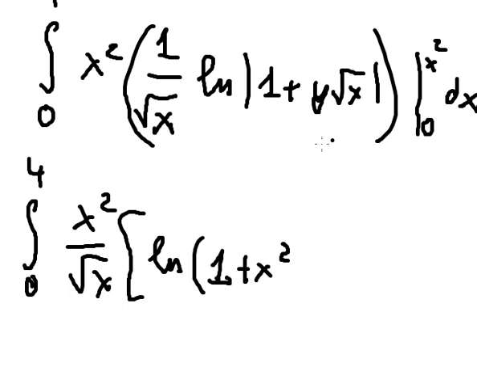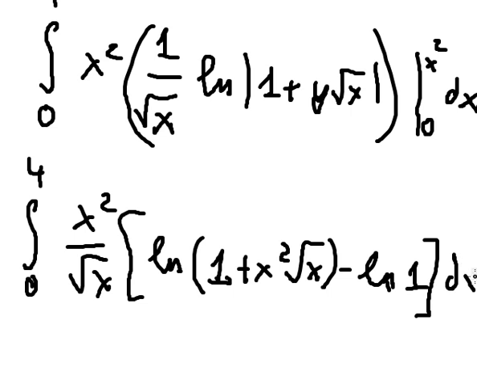We don't need the absolute value here. So 0 gone here, we have ln of 1, and ln of 1 equals 0.